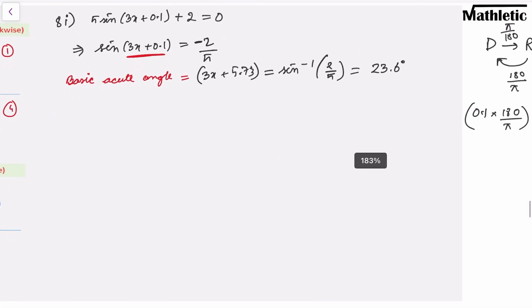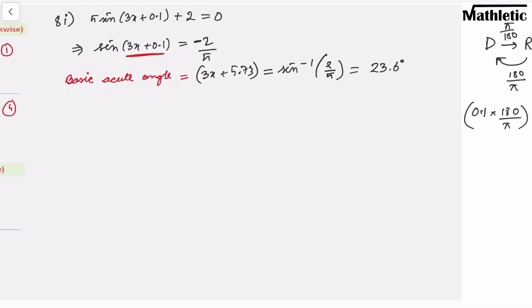So since sine of 3x plus 0.1, you can use either of these values, let me use 5.73, is negative, the angle lies either in the third or fourth quadrant.